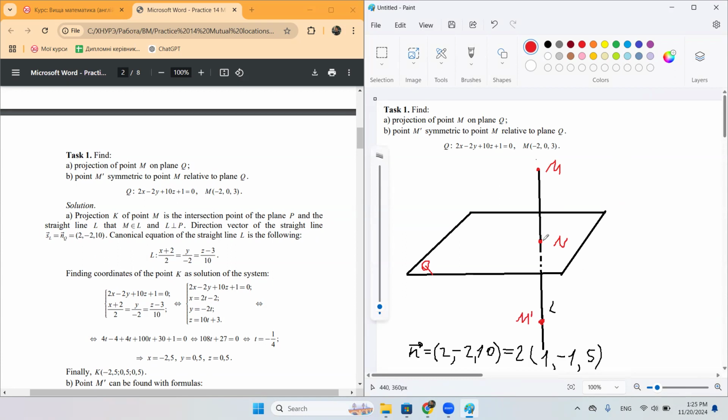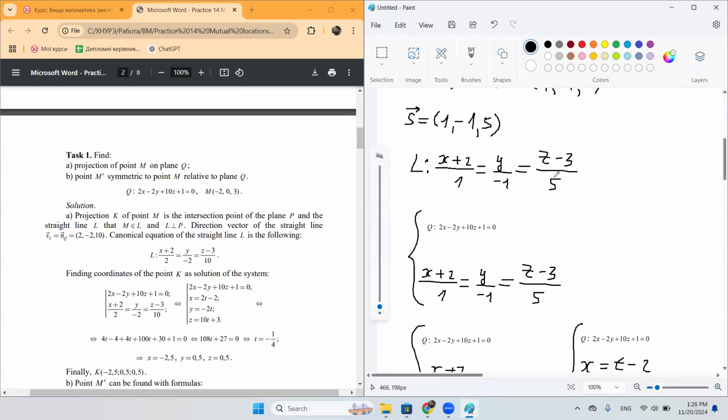So are these segments equal? They are equal. We can find M' from the middle point formulas. So N is the middle point, so let's go with this.